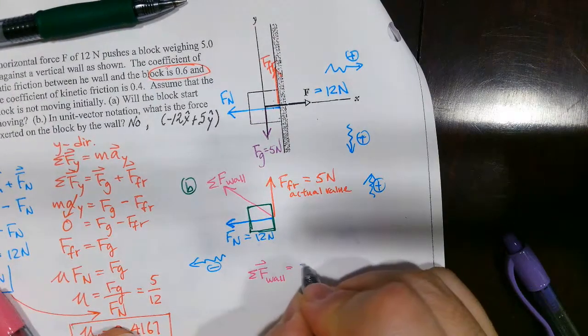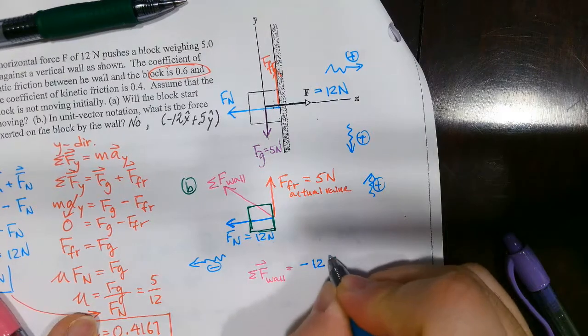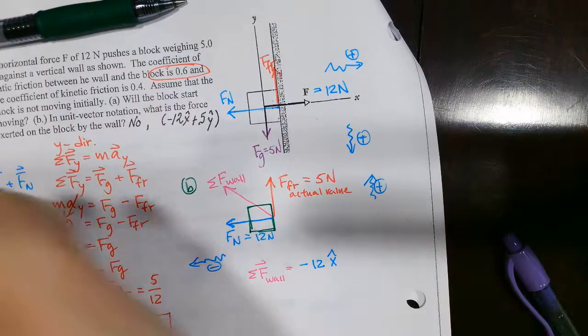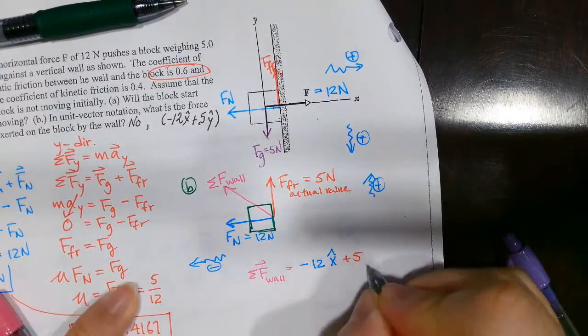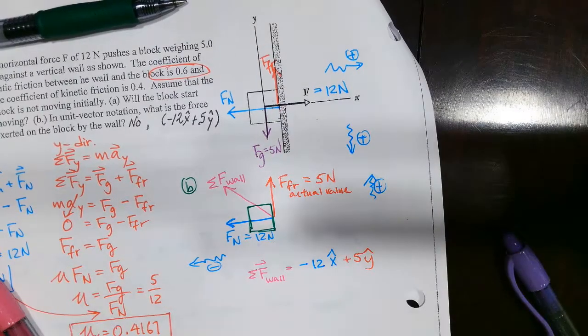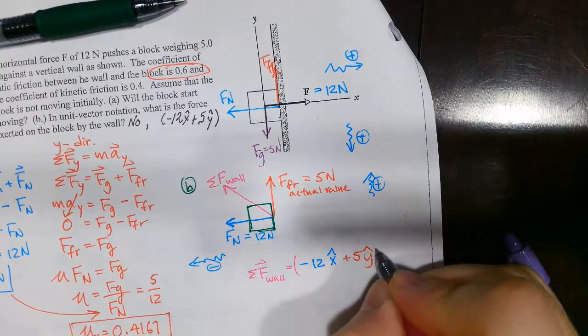Therefore, it is negative 12 x hat plus 5 y hat newtons.